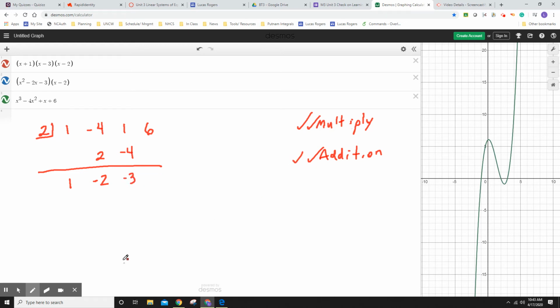Done that twice. And now I'm going to cycle back through, do multiplication one more time. The root 2 times -3 is -6. Add straight down. That's 0.